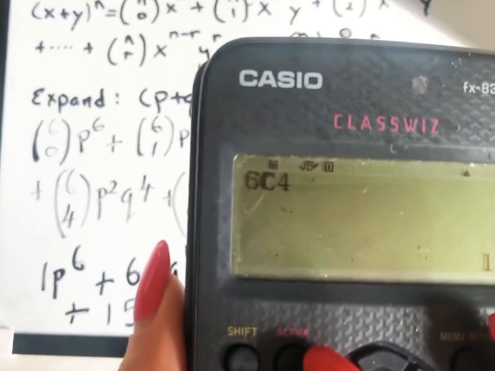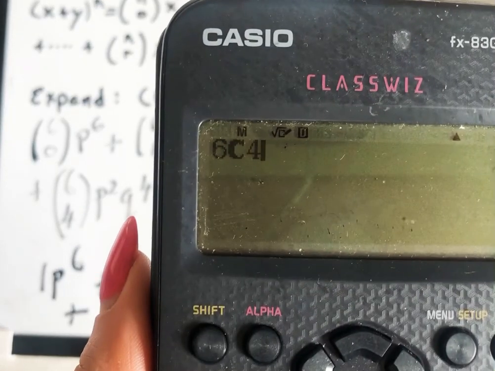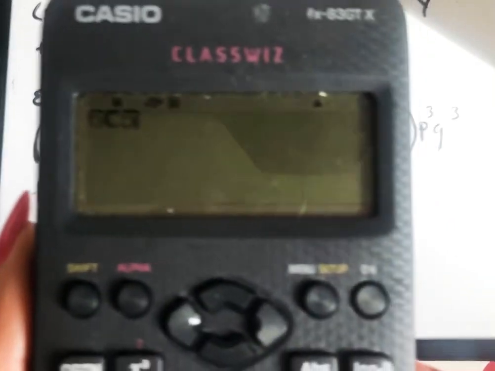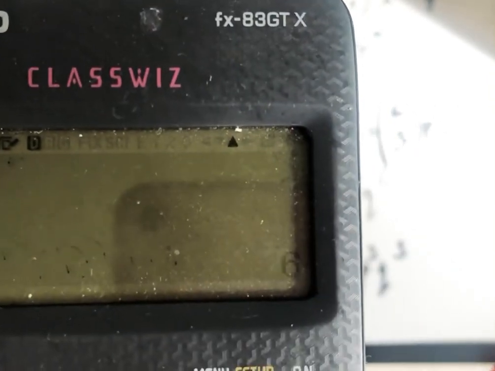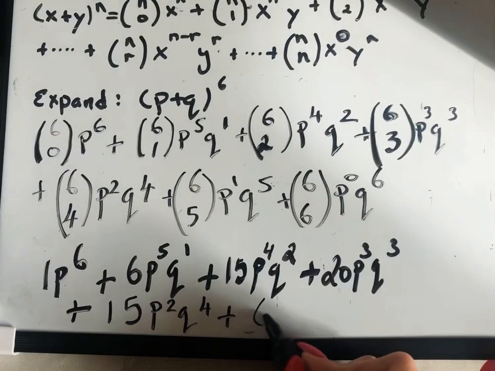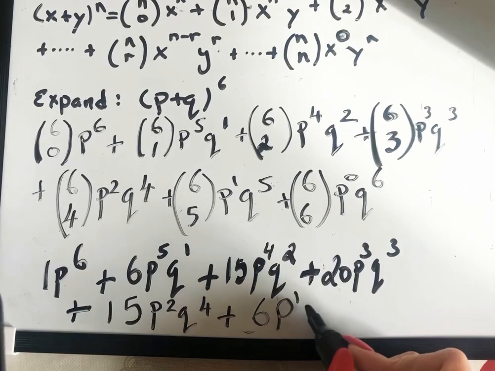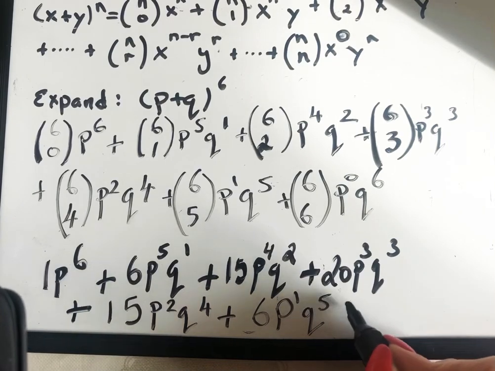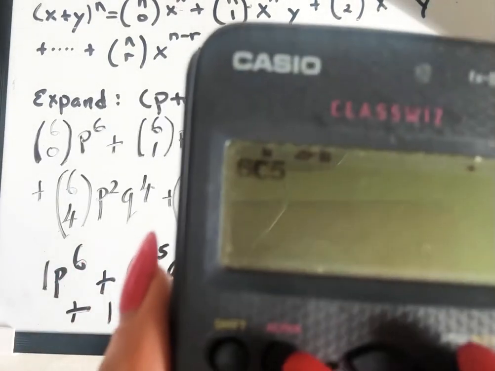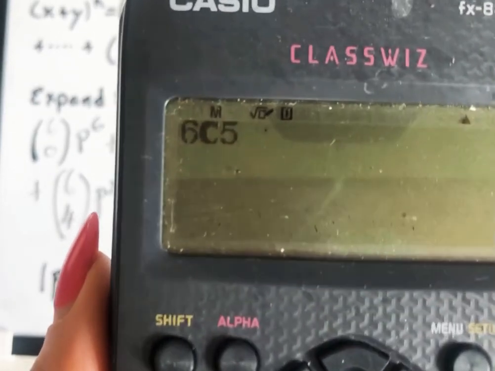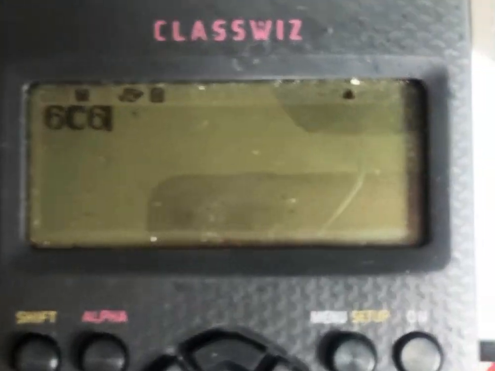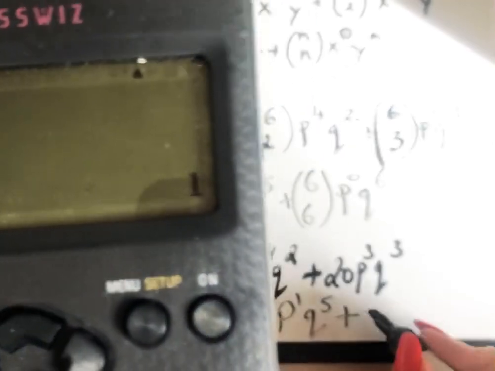Now 6 choose 5. And you can see here there's a pattern. So we'll see, can you see that in a second? Get 6. And 6 choose 6. 1.